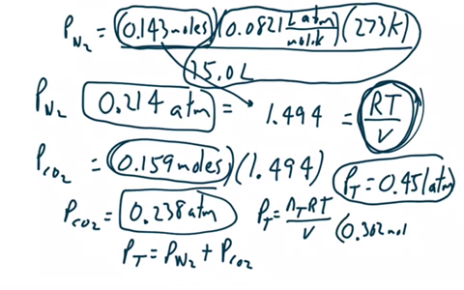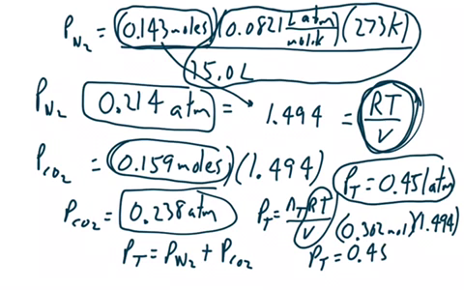And if we multiply it by this piece here, which we already know is 1.494, you will get the same answer, which is 0.451 atm as your total.